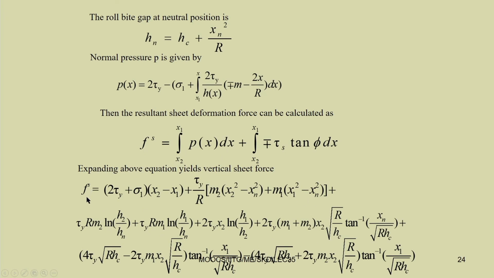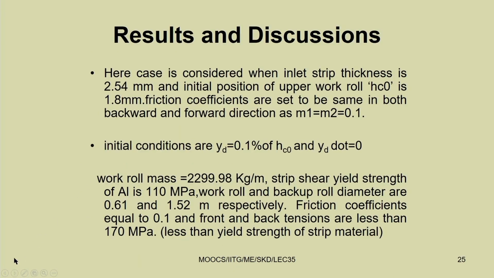The purpose of this roll bite model is to find this force F s. After getting F s, we can substitute it in the original equation, that is m d square y by dt square plus k y equal to F s, and simulate that.